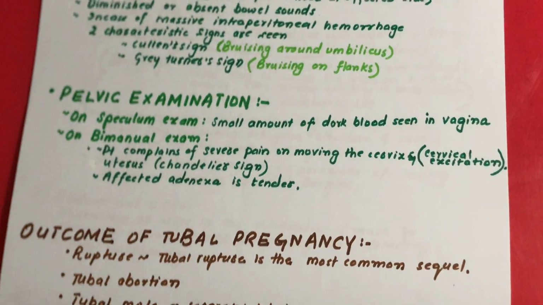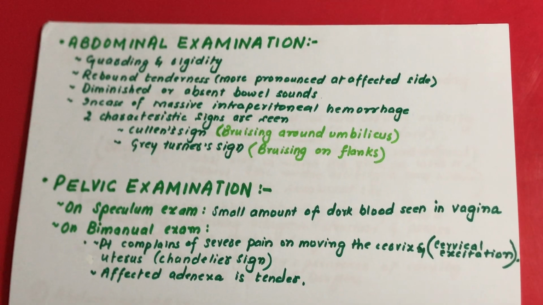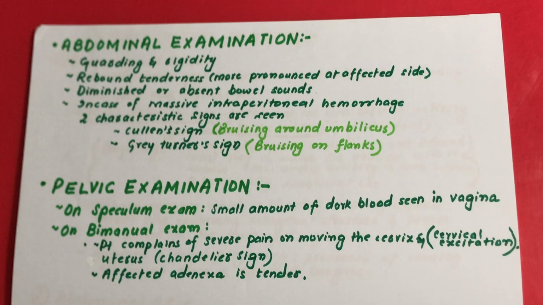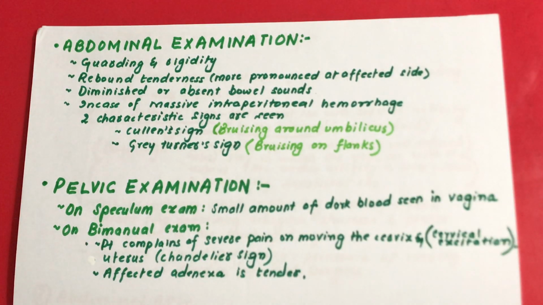What do we see on abdominal examination? On abdominal examination, guarding and rigidity is seen in the presence of a ruptured tubal pregnancy. A ruptured tubal pregnancy is actually characterized by rigidity and rebound tenderness, which is more pronounced on the affected side, and diminished or absent bowel sounds.